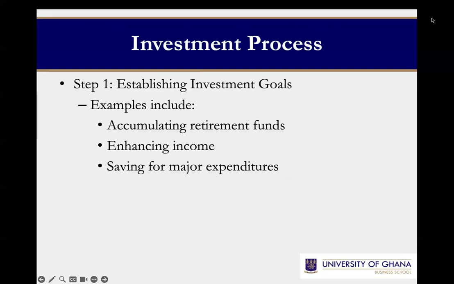Now, how therefore do we determine what exactly will go into our portfolio? We need to understand first and foremost what our goal is. Is the goal to be an accumulation of retirement funds, for example?